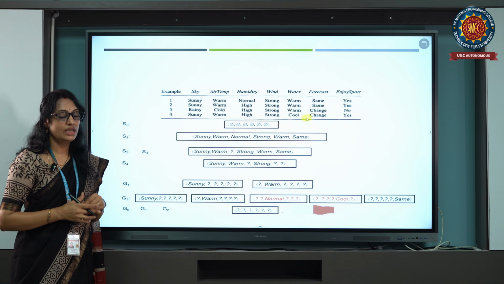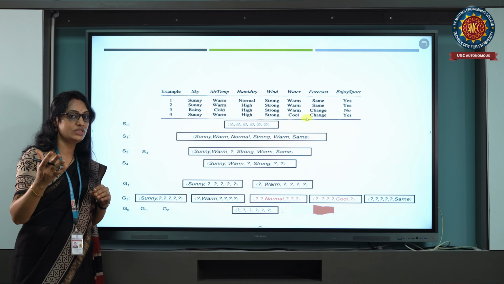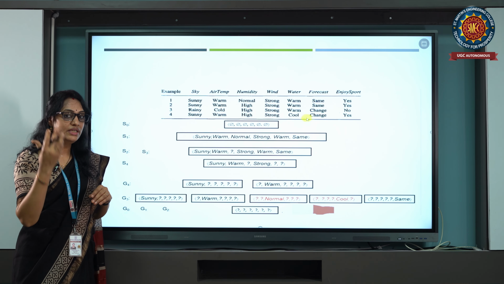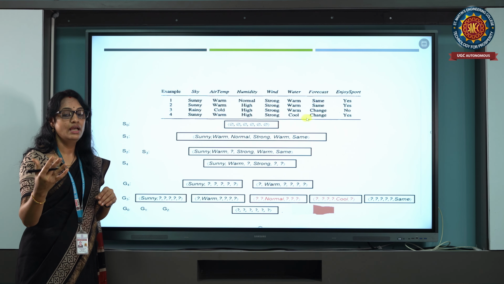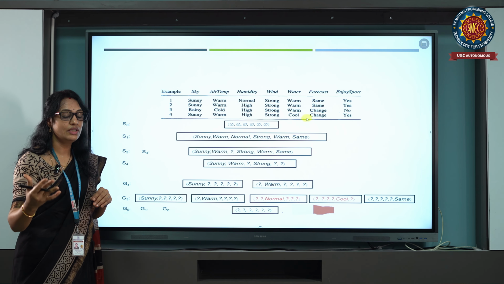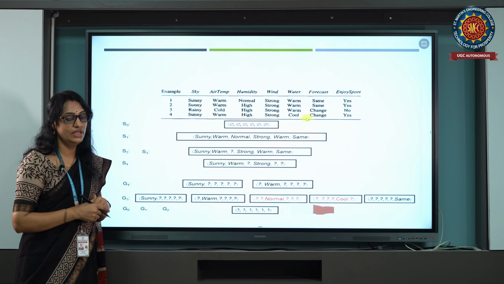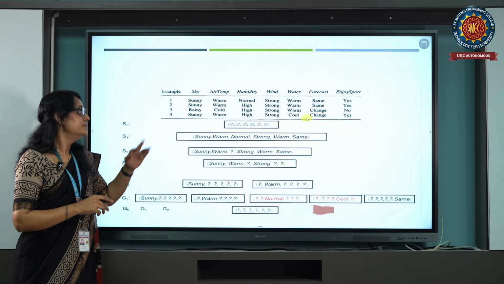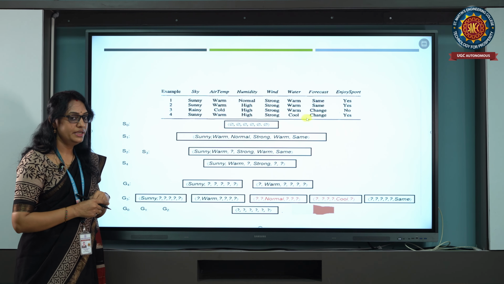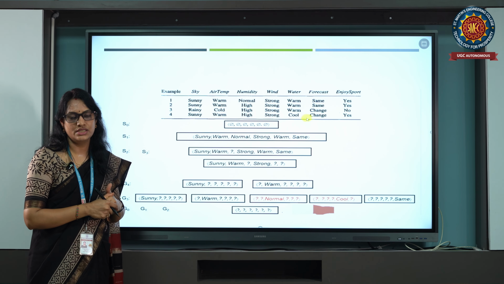The good thing here about candidate elimination is that it accepts both the most specific hypothesis and the most general hypothesis, and it accepts positive examples and also negative examples. And why are we using all this? In order to do concept learning. In the earlier lecture I told you how we are going to use concept learning here.